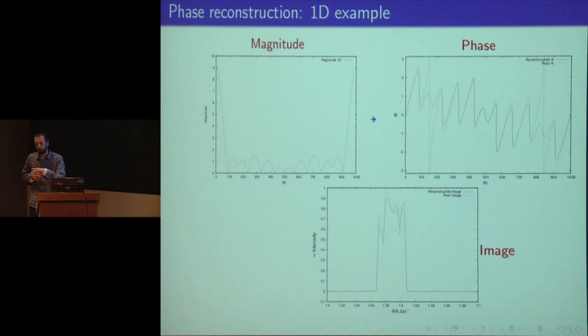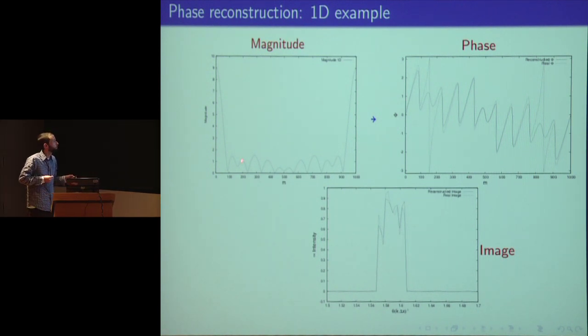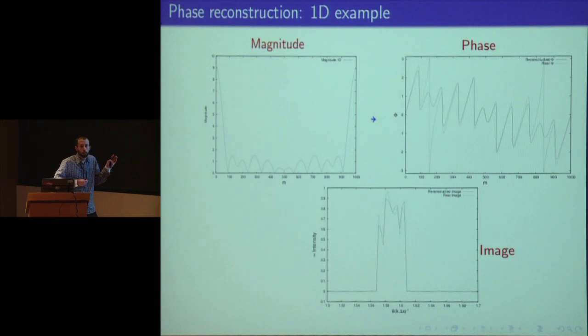I'm not going to go into the detailed math here, but I can show you a one-dimensional example where you have your Fourier magnitude, and you don't know the phase. You just say, okay, I have an object. I take its Fourier transform, I take its magnitude, and I forget about the phase. From the magnitude data, you can estimate what the phase would look like.